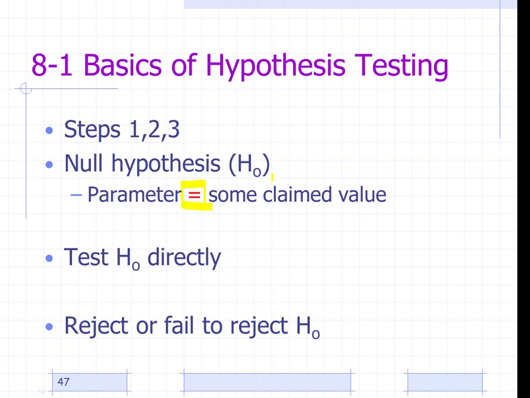It's a statement of equality. Now, statisticians sometimes call this Ho. And so we're going to test that null hypothesis directly, and then we either reject or we fail to reject our null hypothesis. And that is the statement that we use in our hypothesis testing.